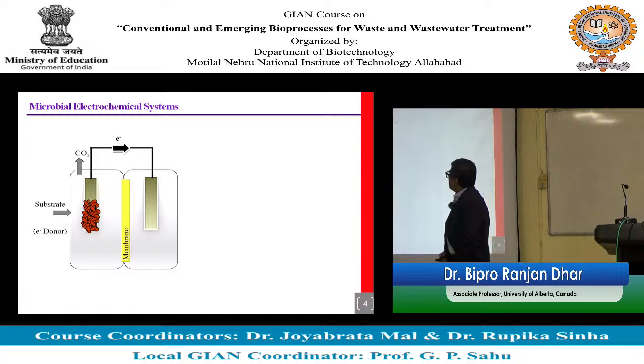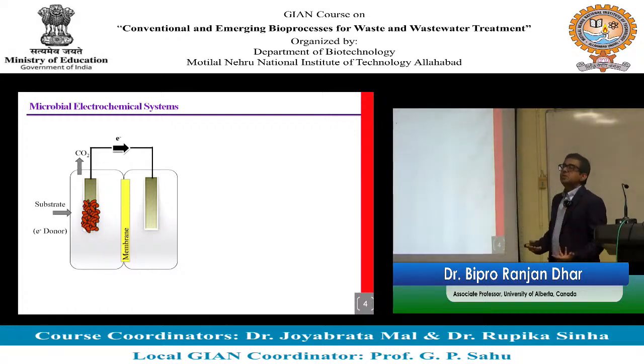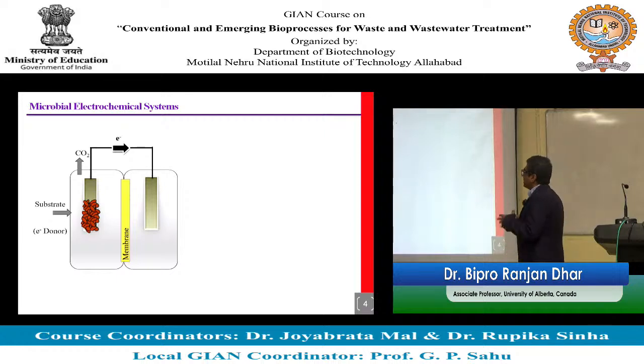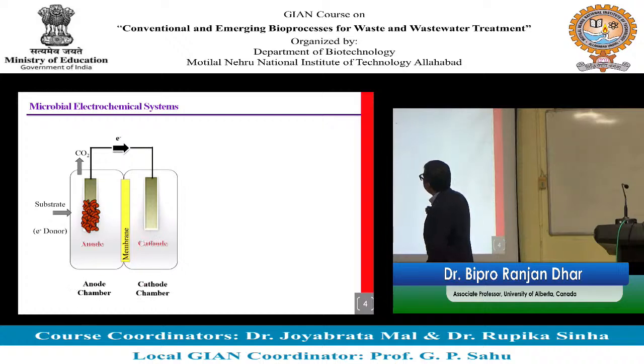So how does that work? Like any traditional environmental bioprocess, we have oxidation reduction reactions, but here they happen on the electrodes. When we provide those microbes, EAB, we have an anode and cathode electrode and two chambers.